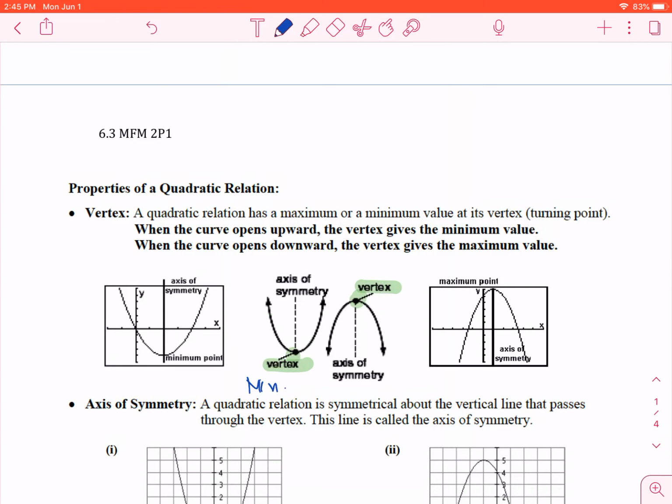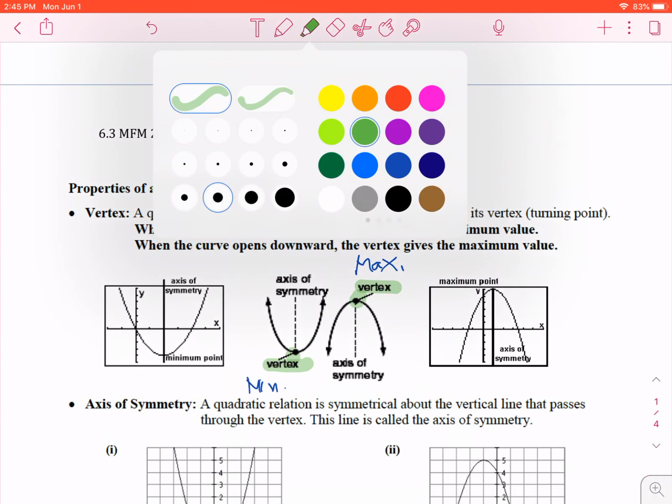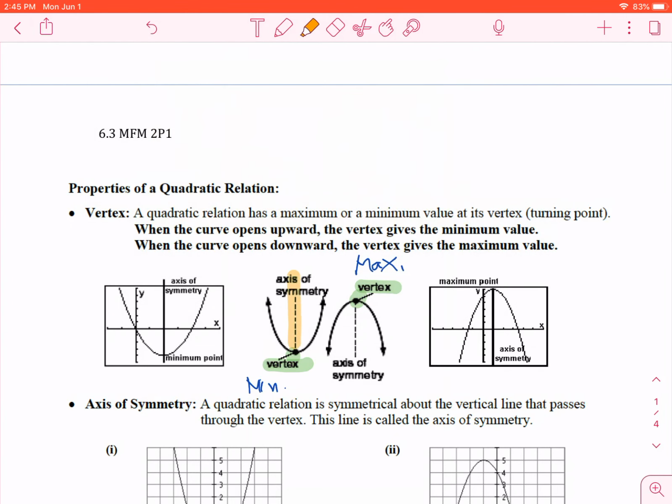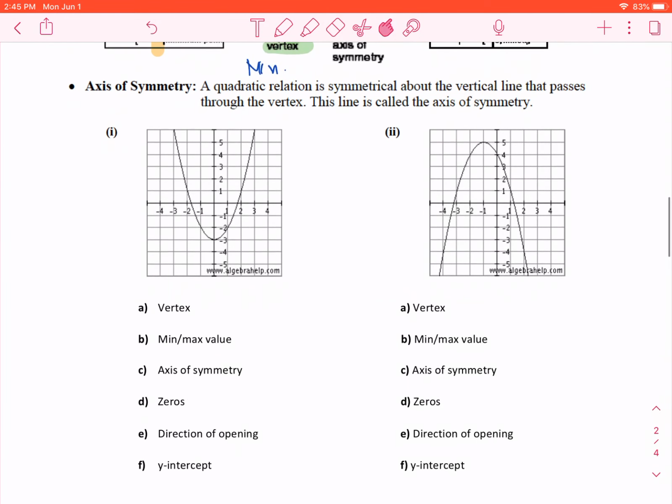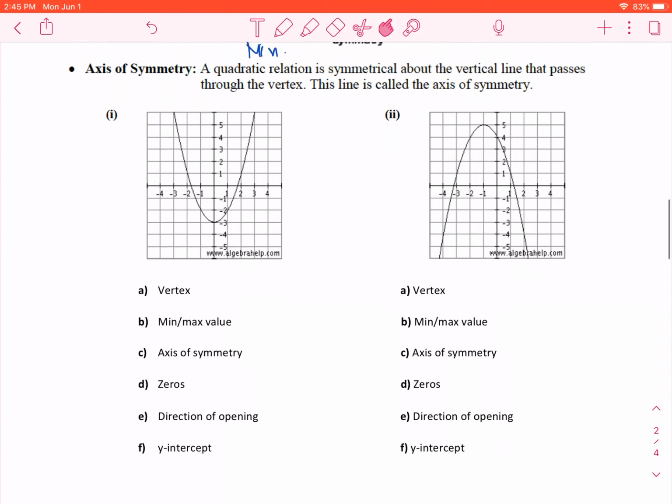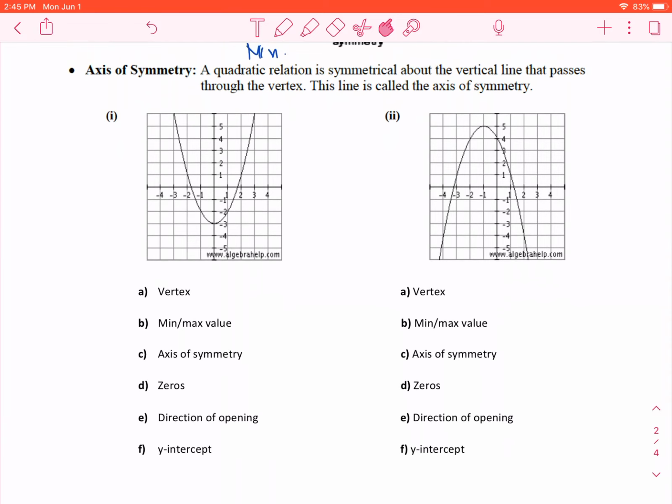When it opens down, you have a maximum. And then remember that orange line that we discussed, our axis of symmetry. It is the symmetrical line that goes down the parabola. Okay, so we're going to take a look at these two examples here, and we're just going to work on naming some of those key elements that we talked about on the first page.